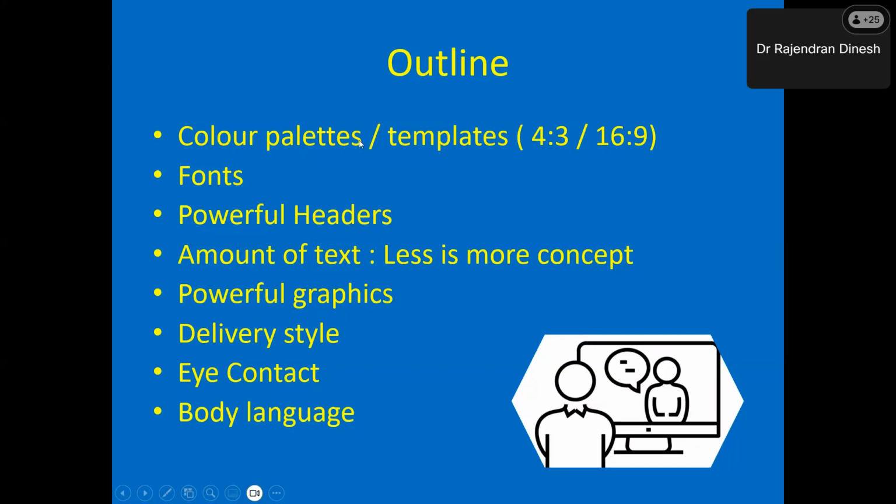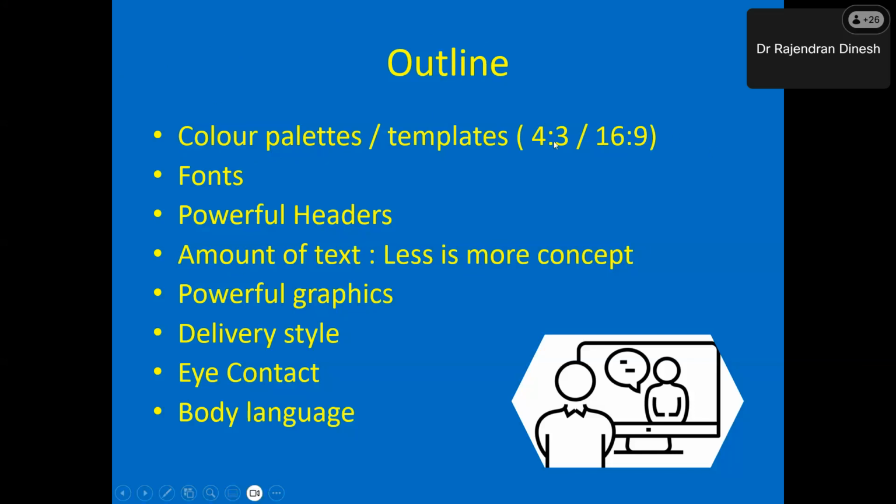Avoid fancy colors like red and green together, because these are not pleasant to the eyes from the audience perspective. It may look very shiny and colorful, but when you're sitting in the audience and trying to focus your vision on the presentation, there will be some amount of headache experienced by the end of your presentation.